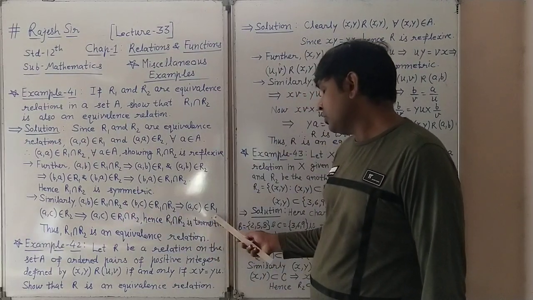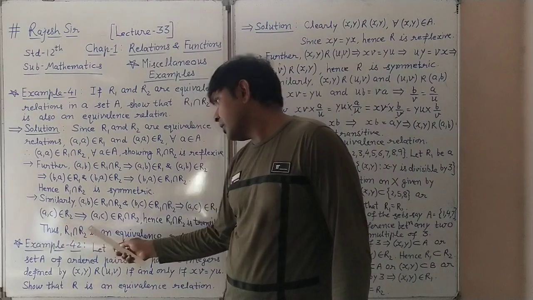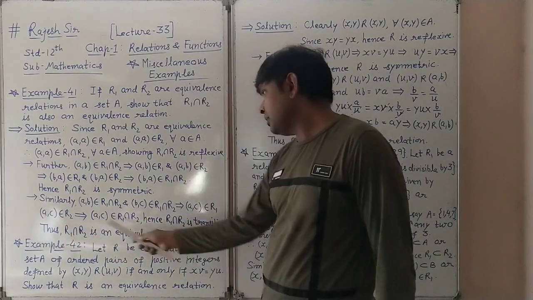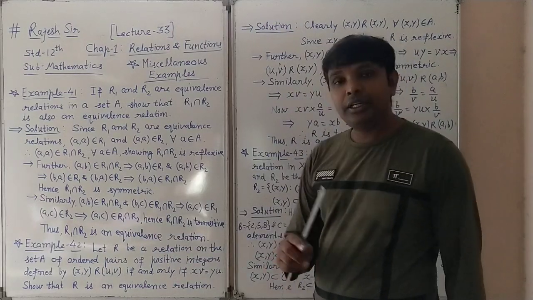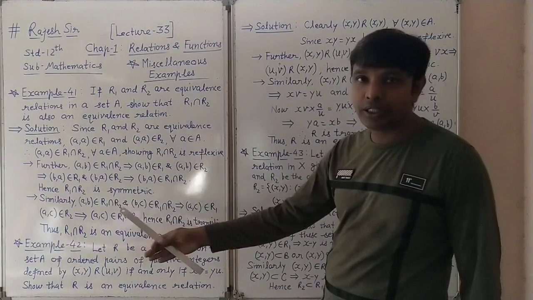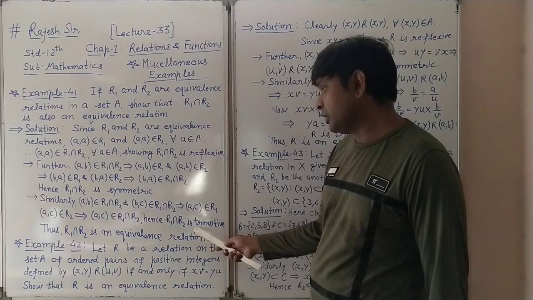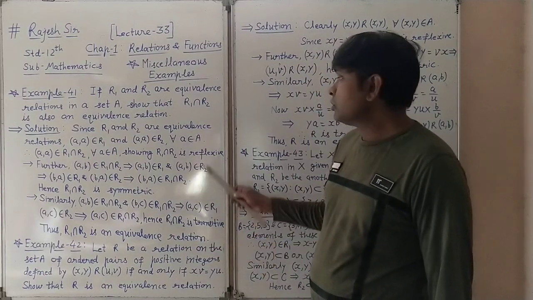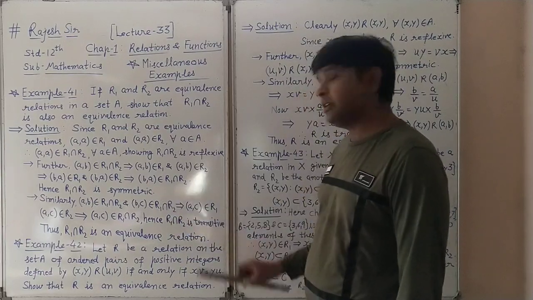So (a, c) belongs to R1 and (a, c) belongs to R2. Therefore, (a, c) belongs to R1 intersection R2. If (a, b) is there, (b, c) is there, and (a, c) is also in R1 intersection R2, what does it show? It shows that R1 intersection R2 is transitive also. So all three steps we have shown, that it is reflexive, symmetric and transitive.